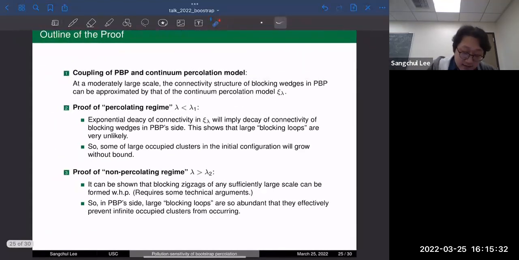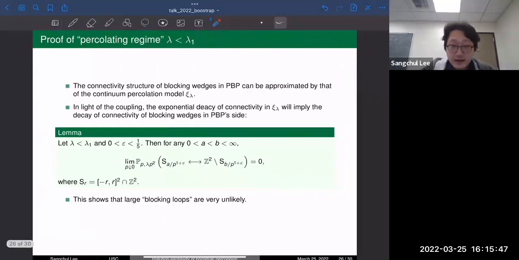So first, I'm gonna talk a slight bit more about the second part, how we might prove this percolating regime. Here, percolating means that we can find an infinite occupied cluster in the polluted bootstrap percolation model.